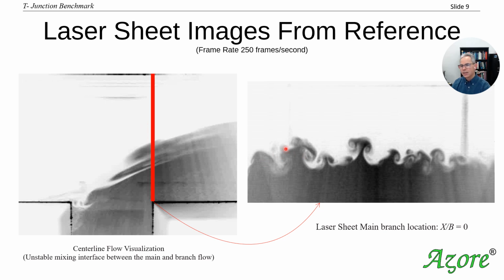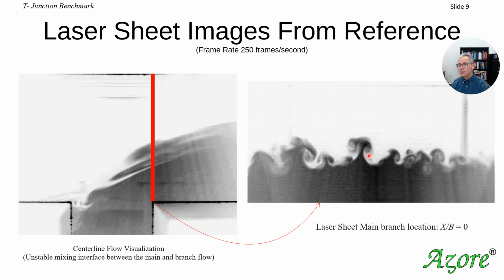And you can see that it is very irregular because of turbulence. This is an instantaneous image, and the frame rate that they used to take these images was 250 frames per second. So you can see that this is irregular. For our CFD simulations, we're going to make an assumption that the flow structures are symmetric about this line.